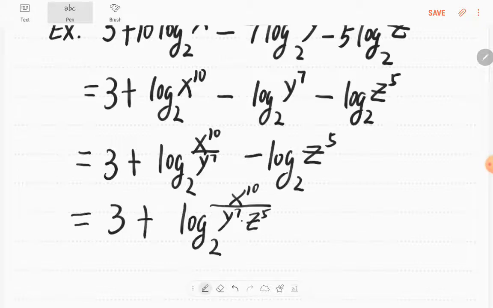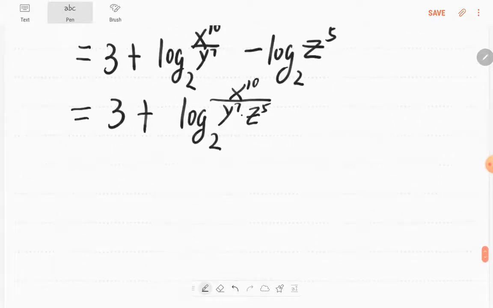Okay, so now we want to combine these two. But this is a constant, this is a logarithm. How to combine it? So the first thing is we should have the same base. So we need to write 3 as 3 times 1. 1 is equal to log 2 of 2, right?